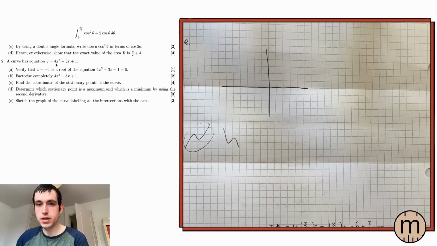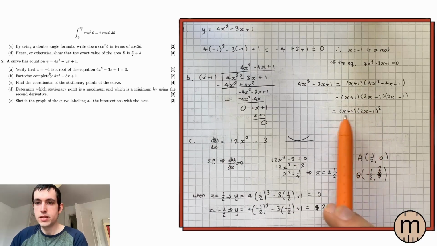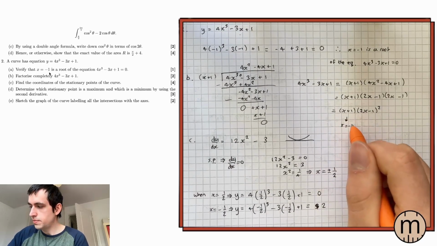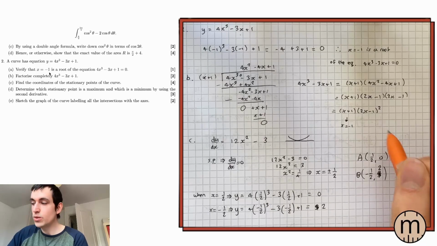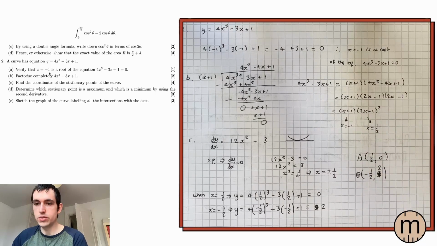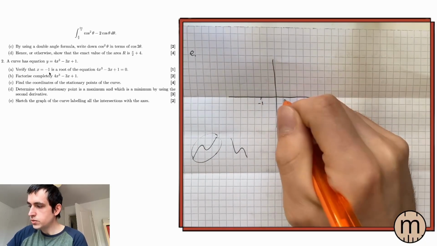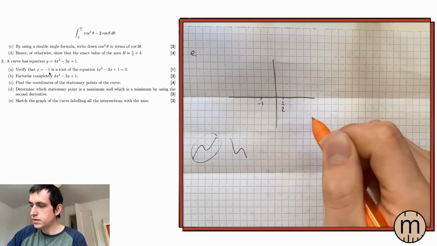We know the roots because we have one here, and we have the other one from here. So x plus 1 as a factor means that x equals minus 1 as a root, and then the other root is from here, x equals a half. So one of the roots is going to be here, minus 1, and the other is going to be here at a half.